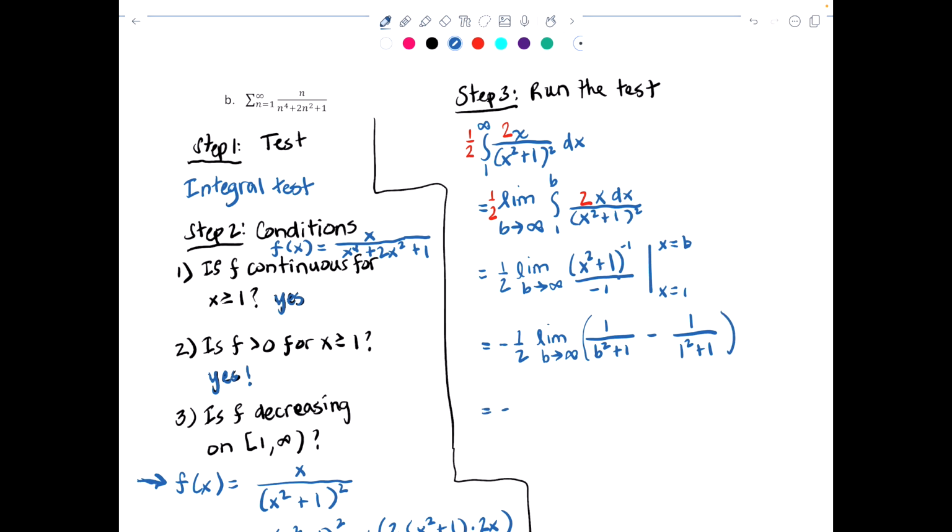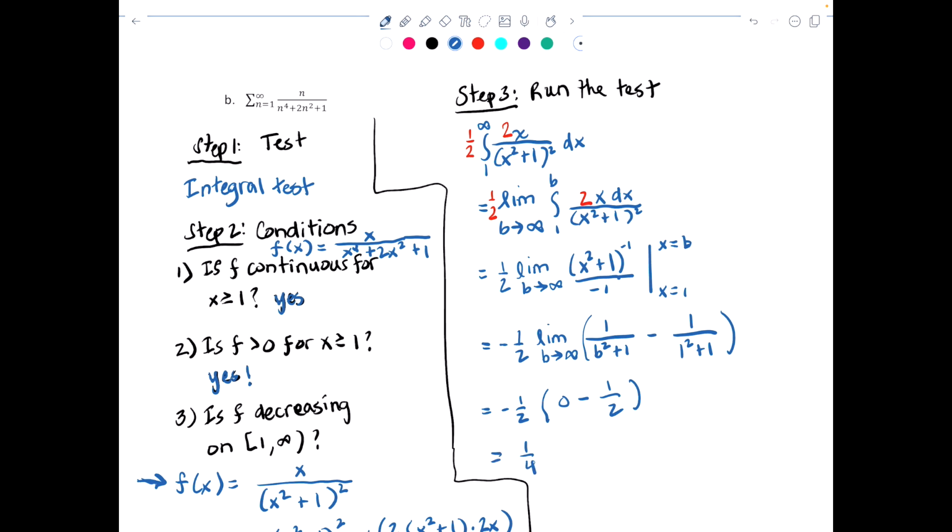So that will be negative 1/2. When I take that limit on the first one, I'll get 0. And the second one, the limit won't affect, so I'll get minus 1/2.